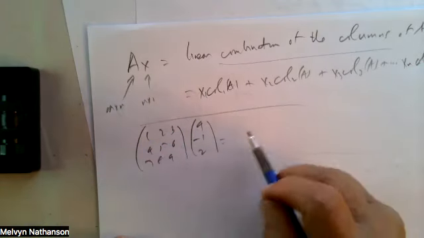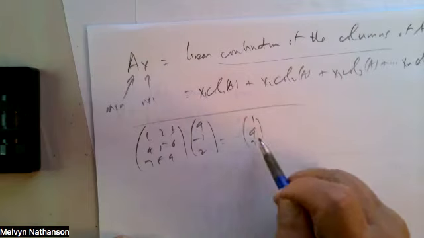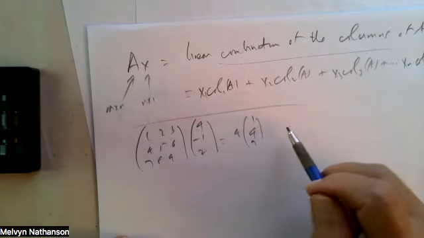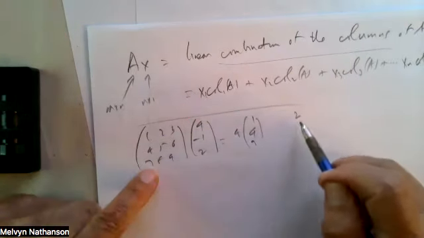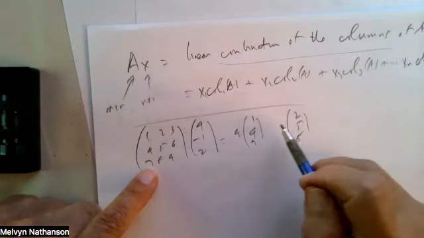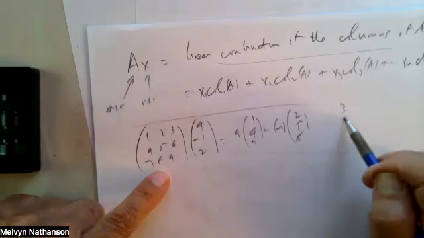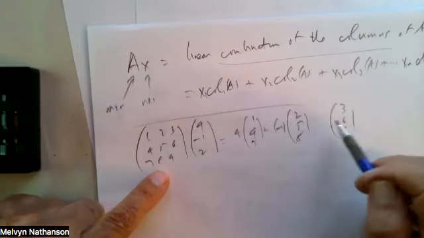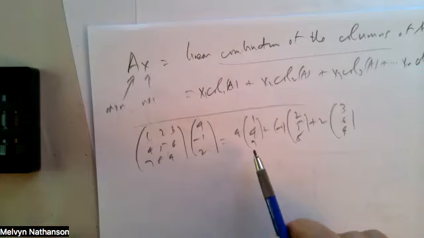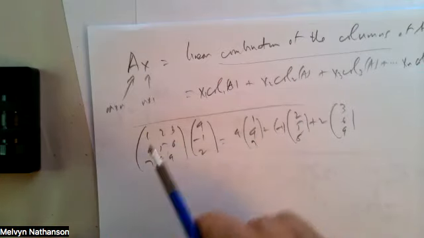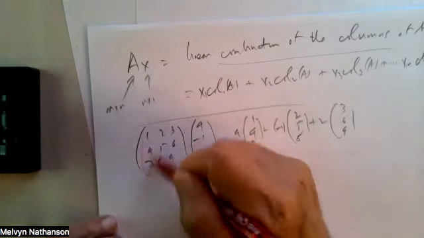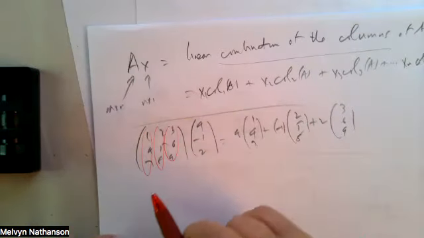It's going to be the first column, 1, 4, 7 times 4, the second column, 2, 5, 8 times minus 1, and the third column, 3, 6, 9 times 2. You get this linear combination of the columns of A.